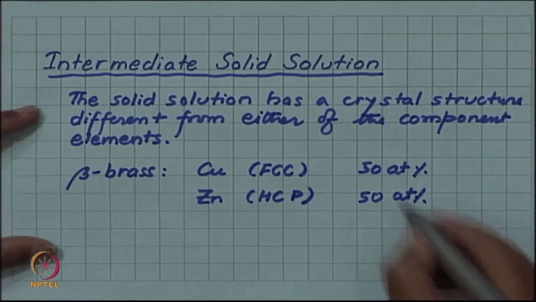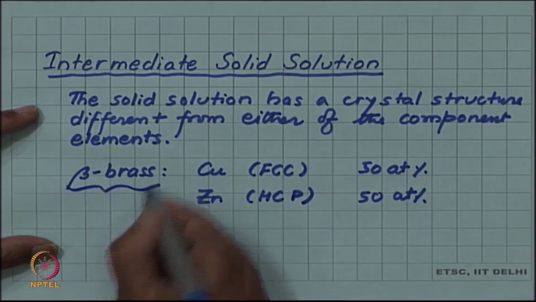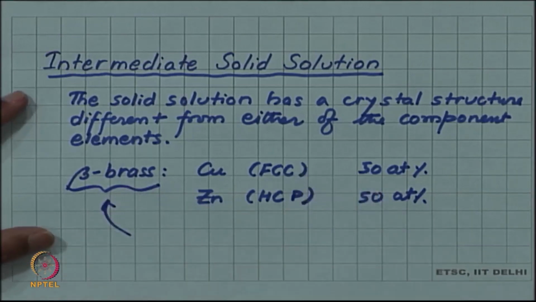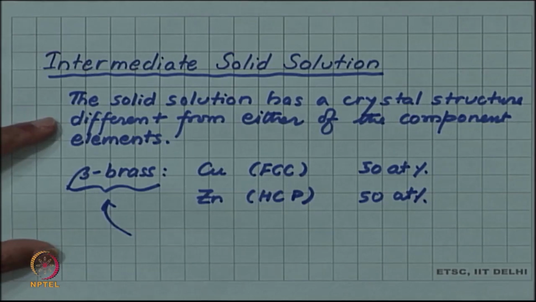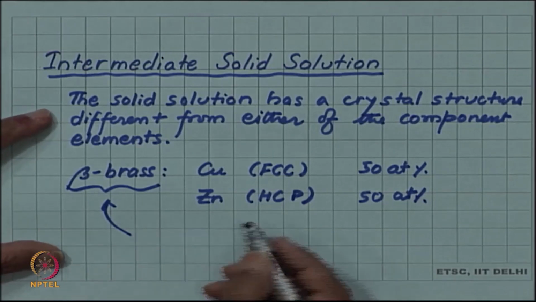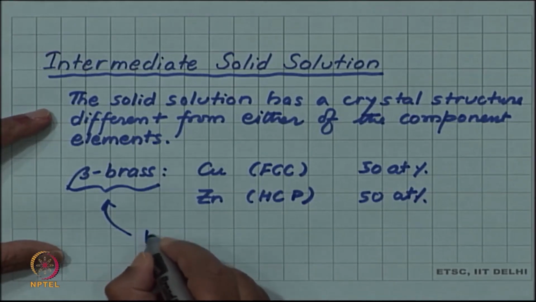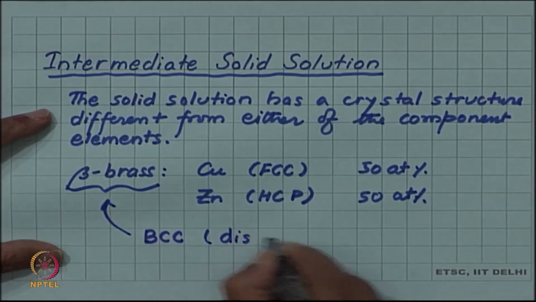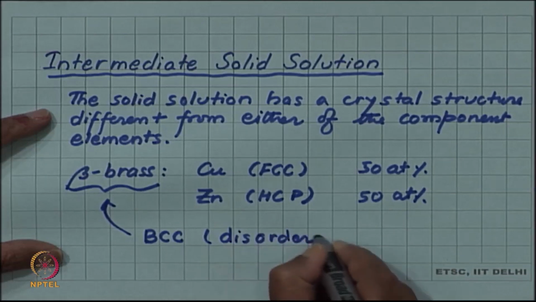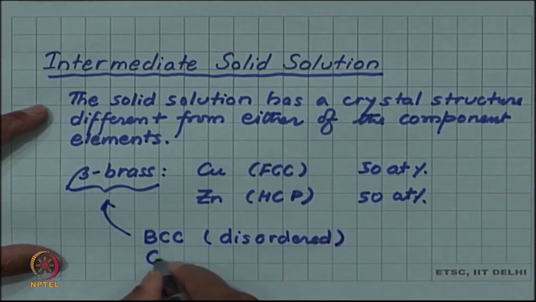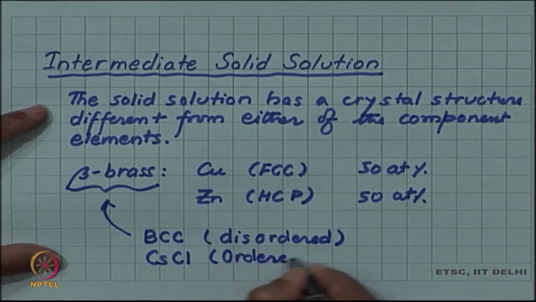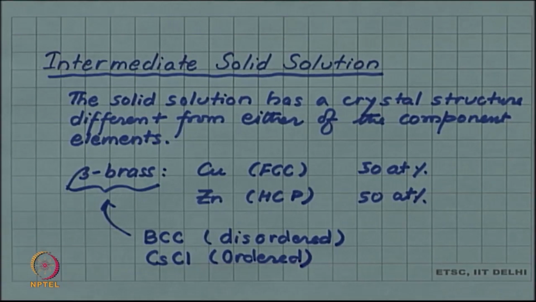But the solution which you made out of this, the beta brass, does not have a structure of either FCC or HCP. We have seen in the last video that beta brass has the structure of BCC when disordered, and cesium chloride when ordered. So, beta brass is an example of an intermediate solid solution.